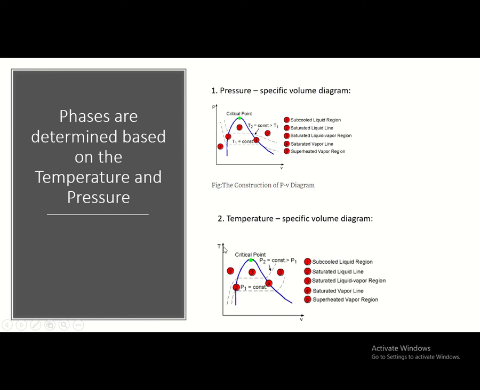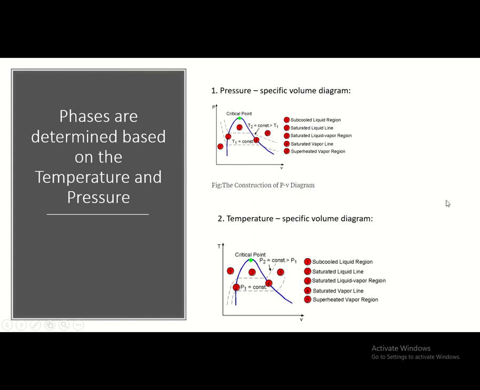The vertical axis here is the temperature, and the dashed line stands for the pressure. As we discussed for the dashed lines before, it stands for a constant value. So the pressure at this point and the pressure at this point, as long as they are on the same line, are still the same value.